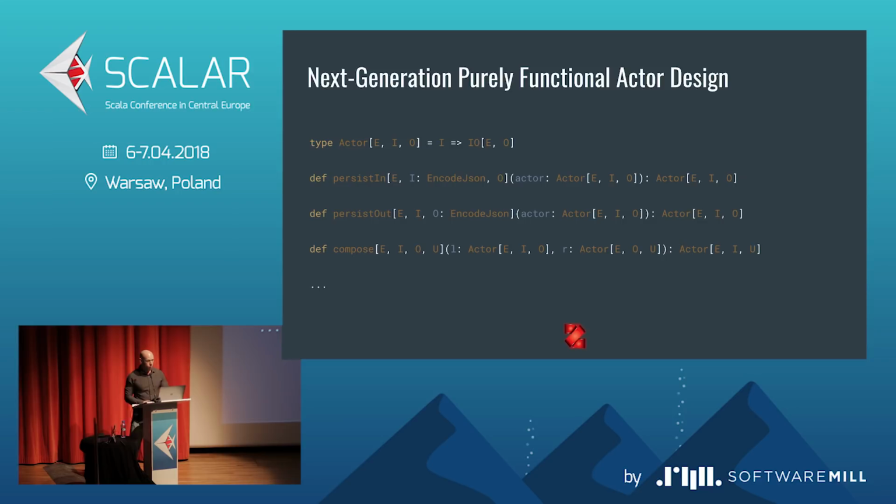So one of the really cool things about actors being functions is that functions compose. We can have function combinators. For example, we can have a combinator that persists input messages to an actor. We can have a combinator that persists output messages. We can actually combine those to get another combinator that persists input and output messages.